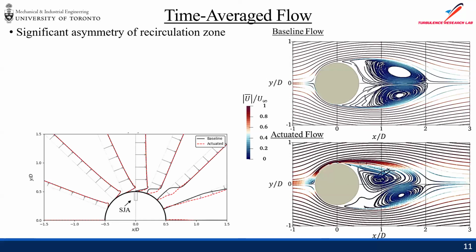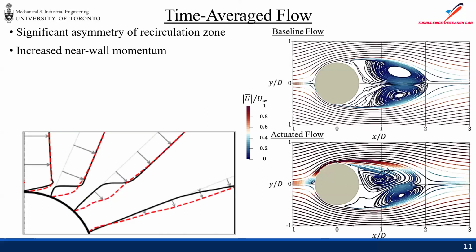And if I look at the boundary layer profile, it tells a very similar story, especially if I zoom in. We can see that the actuated case in red dashed line is increasing near wall momentum. This is consistent with what I saw on a turbulent boundary layer in some of my earlier work.